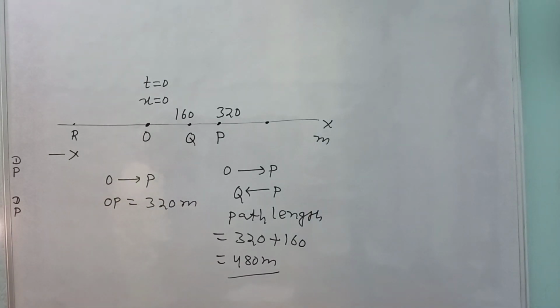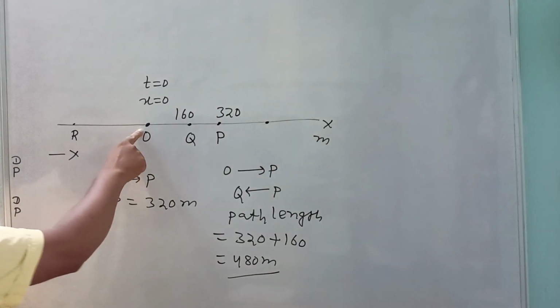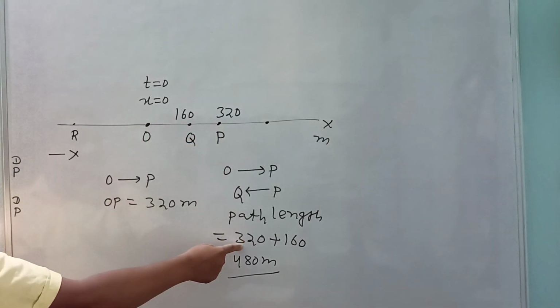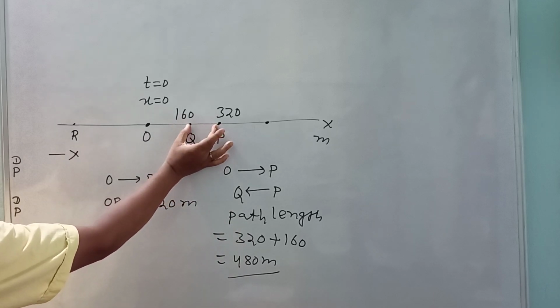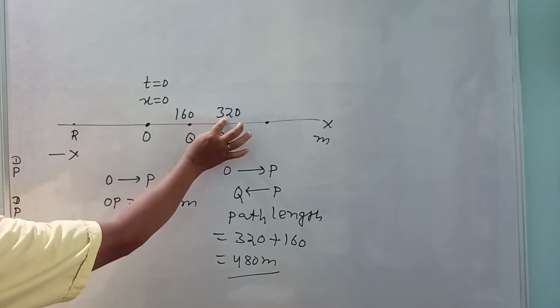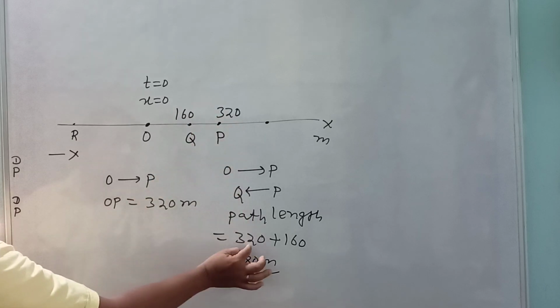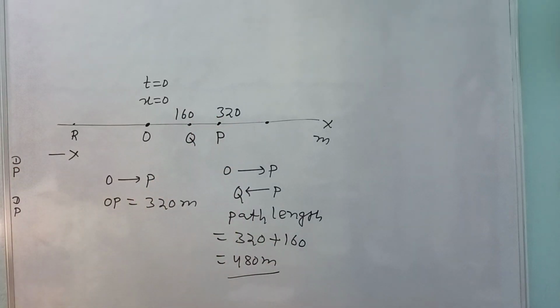This is the length of the path. How? You see, from O to P 320, P to Q, this is 160. So 320 plus 160 is equal to 480 meter.